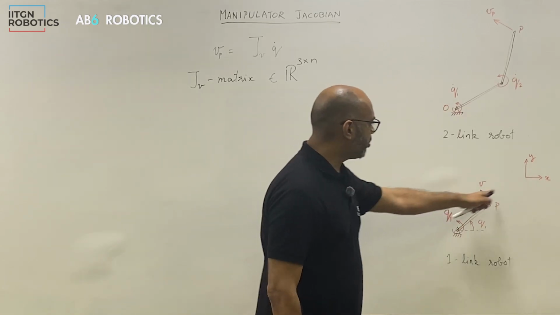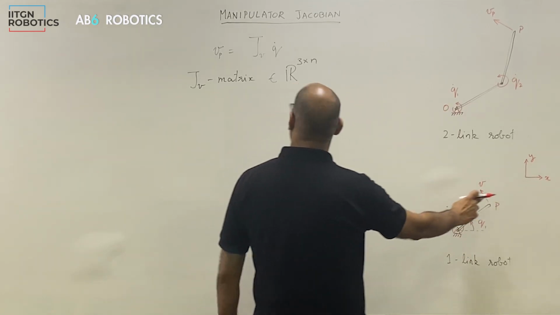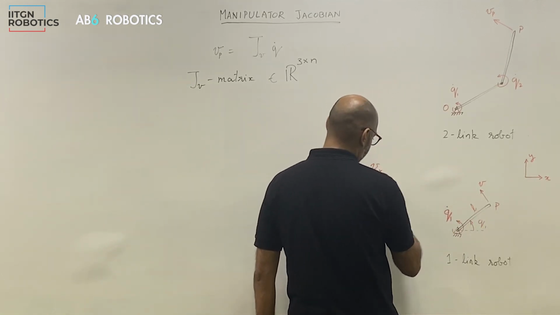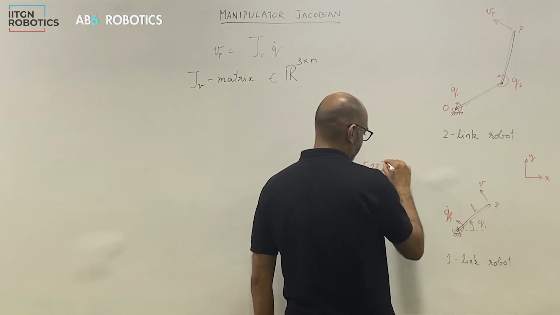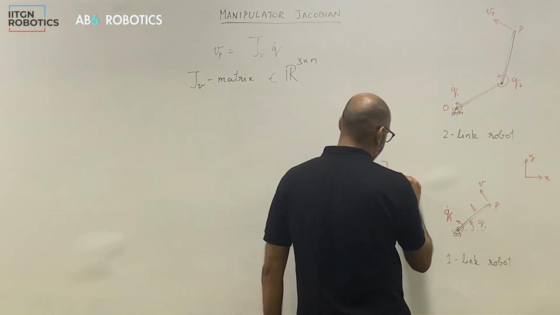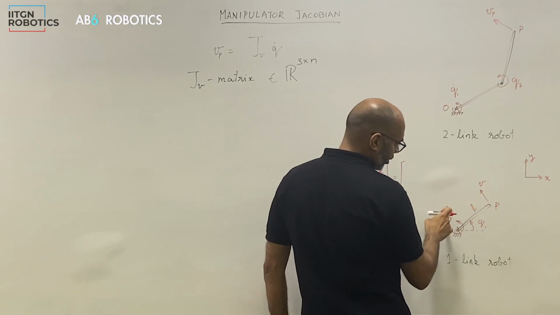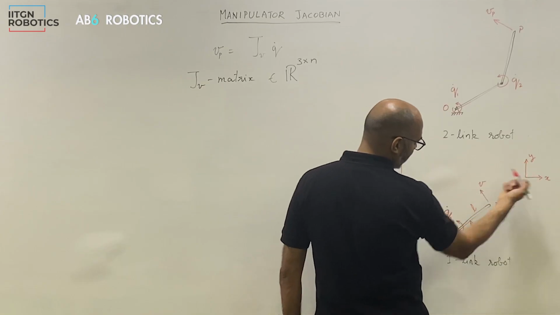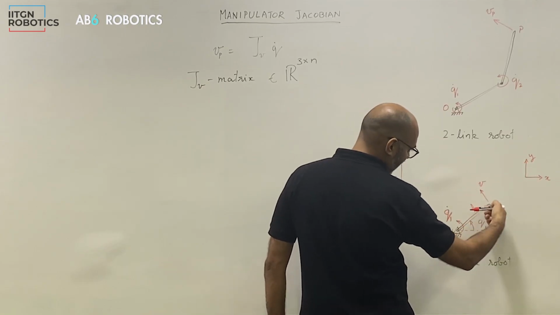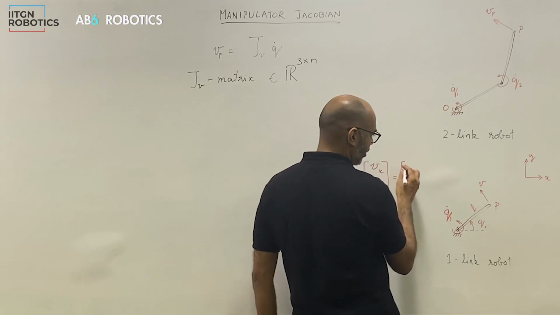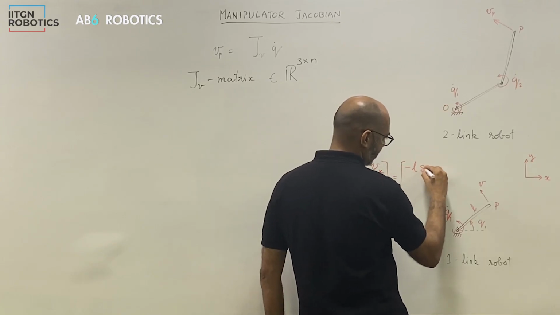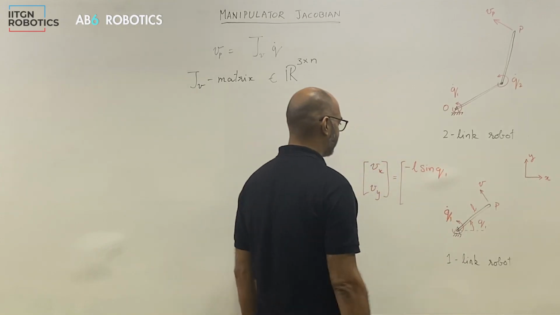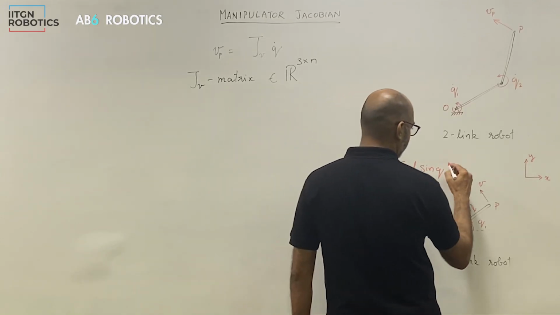But if I think about its x and y components, then, only for this particular example, I would write vx, vy. I would get L q1 dot as the velocity, but the component of that along the x direction will be the negative sine theta of that. So I would get minus L sine, and in this case theta means q1, sine q1, times q1 dot.